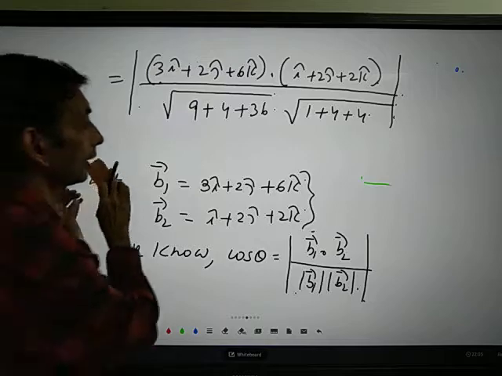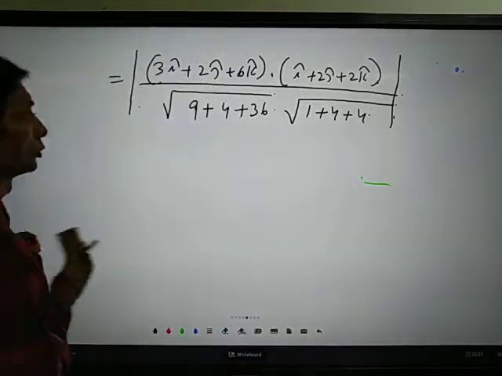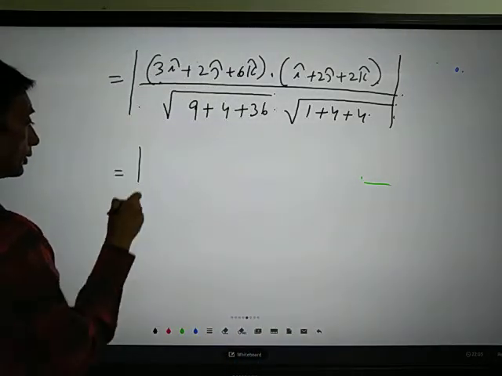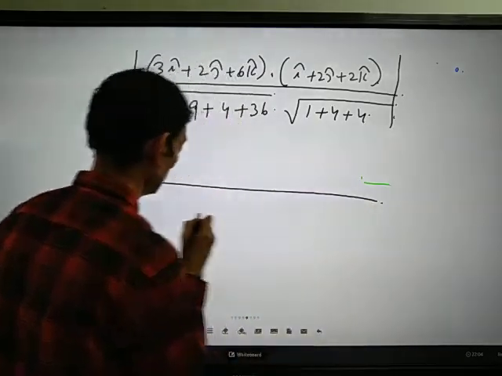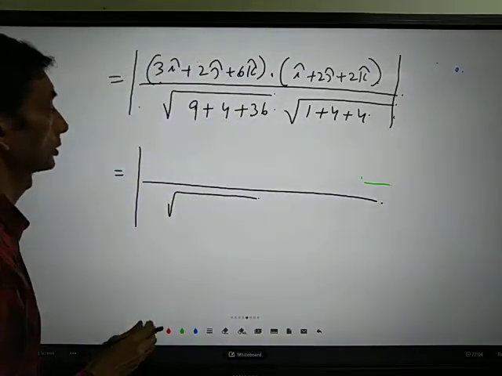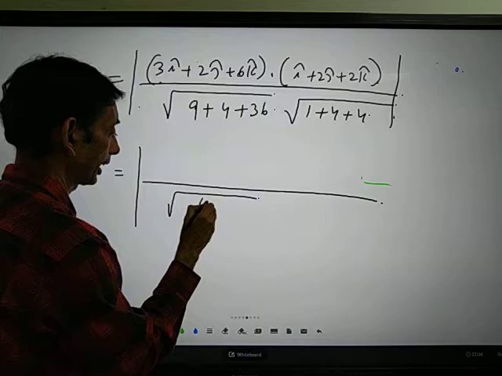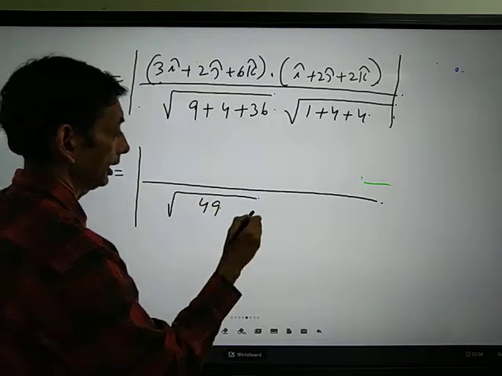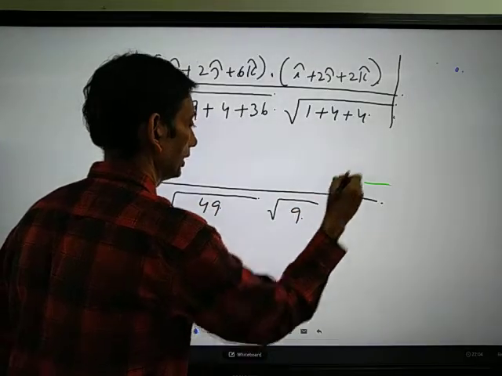We can simplify now: 9 plus 4 plus 36 is 49, and this is root 9.